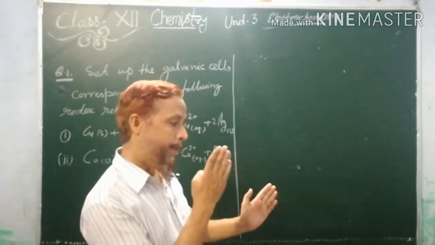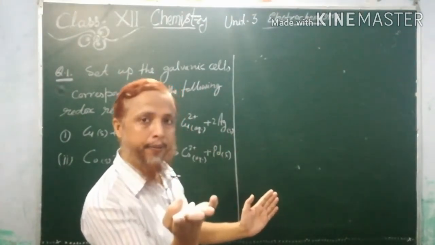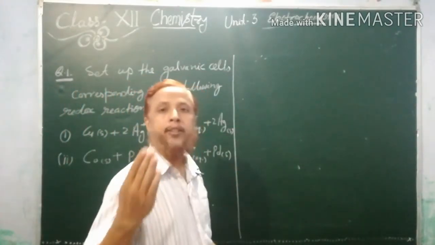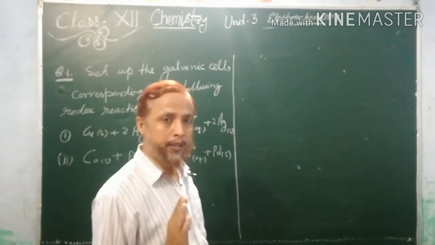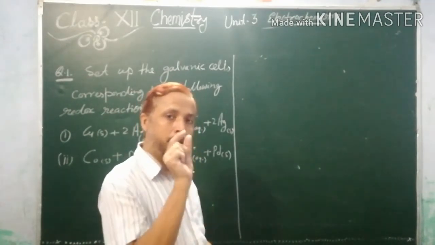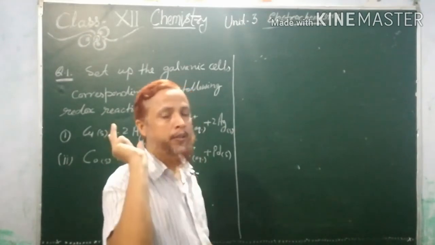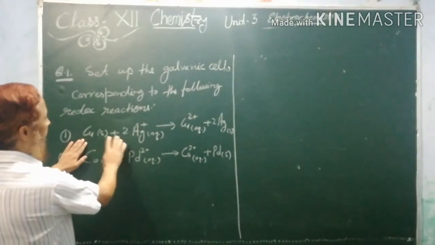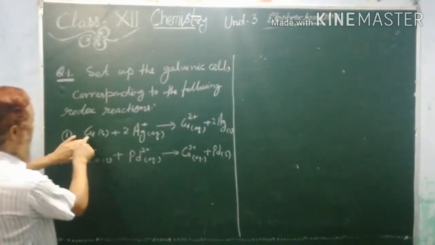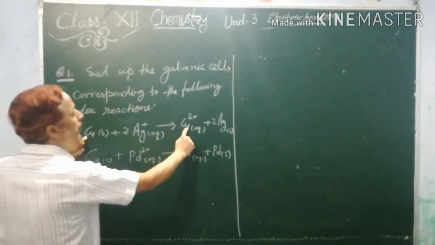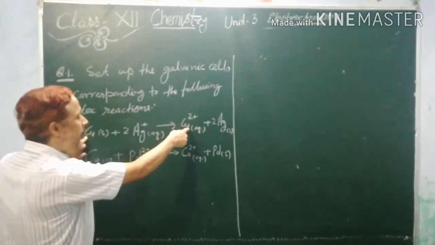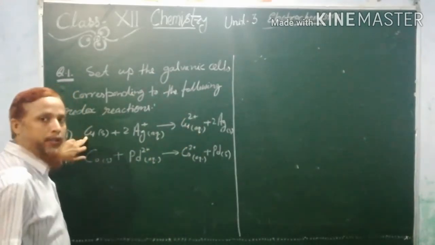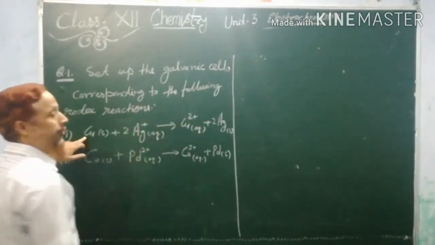So the metal will be the reactant and the metal ion will be the product. At the cathode, metal ion changes into metal, so the reactant will be the ion and the product will be neutral metal. If you watch this reaction, copper is the reactant and copper ion is the product. This represents oxidation.